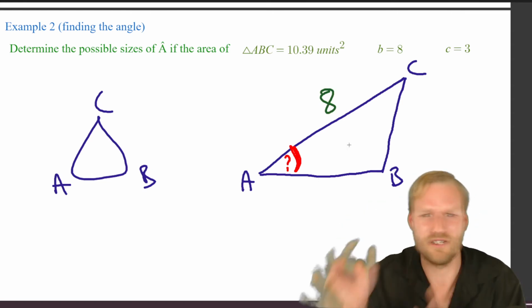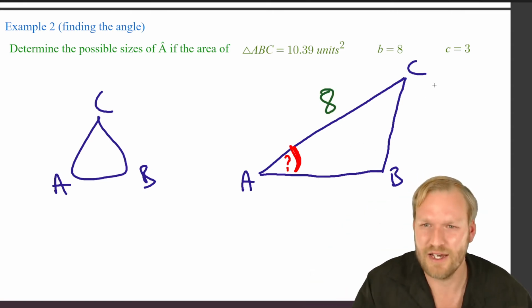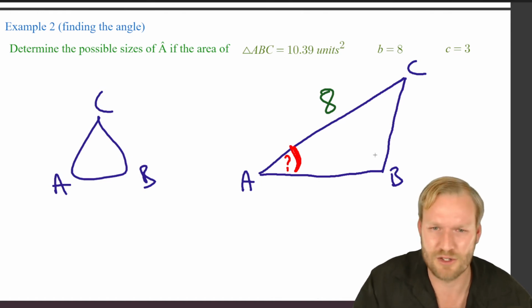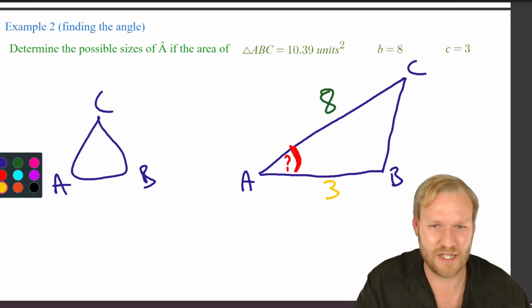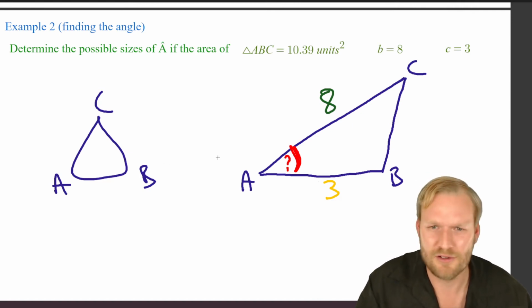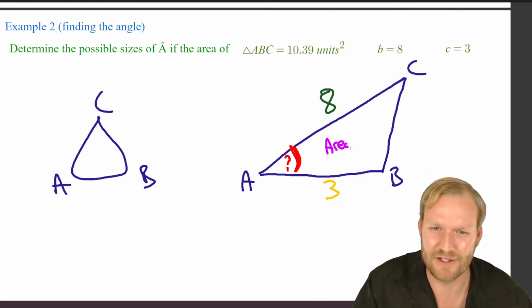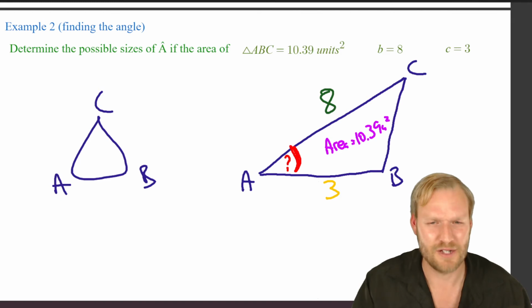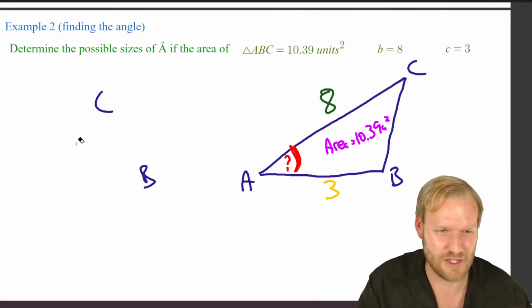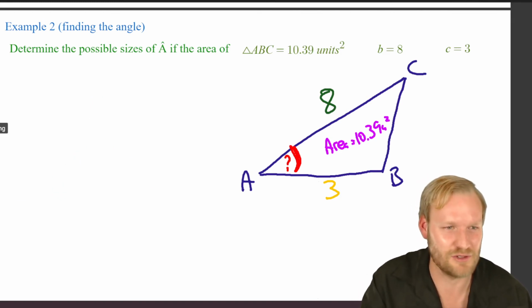And you could have rotated your triangle around, that's fine. And C equals 3, so I'm going to do this in yellow and go, well, that's 3. And we're told that the area of this whole thing, let's go purple here, our area is 10.39 units squared. Okay, so there's kind of how I'm going to capture it. As I said, if you drew your triangle like that, that's all good.